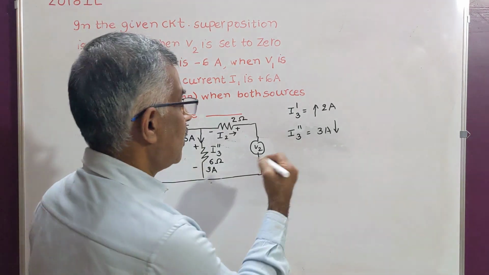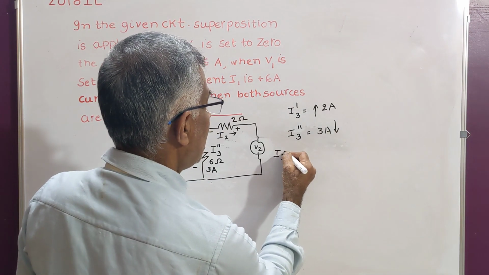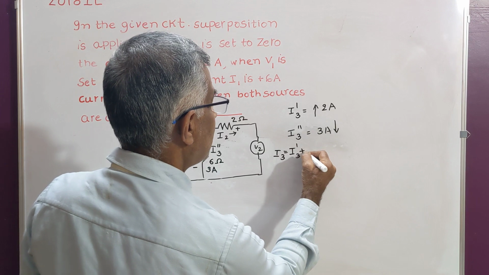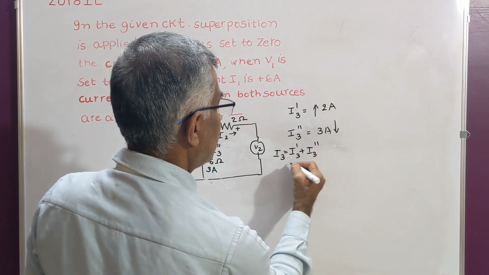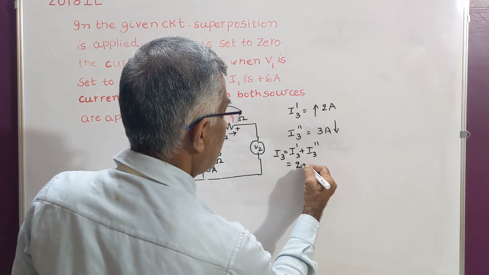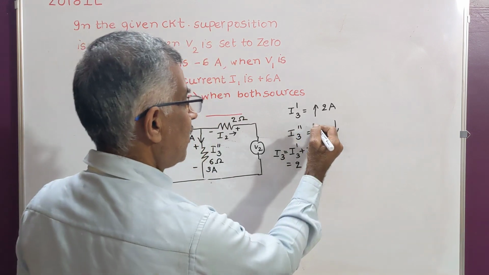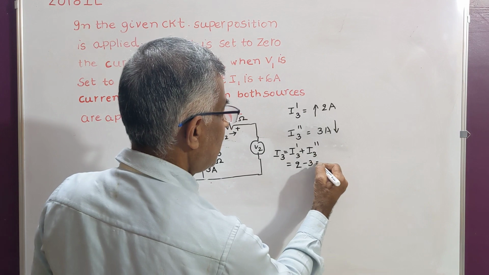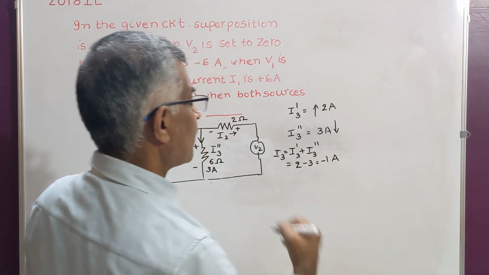Now apply superposition theorem. Therefore, what is I3? I3 is I3 dash plus I3 double dash. That is equal to 2 minus, I will use minus sign for this, 2 minus 3. That is minus 1 ampere.